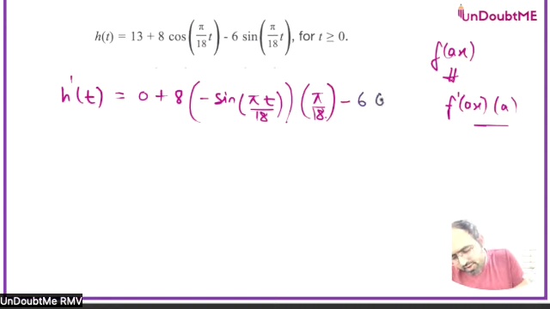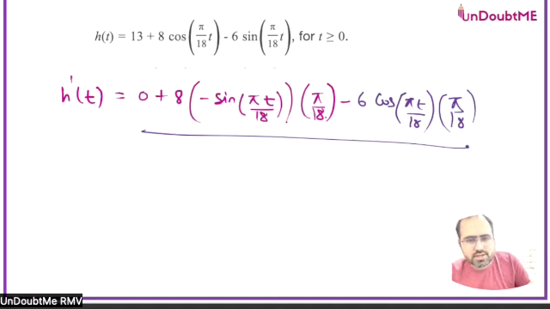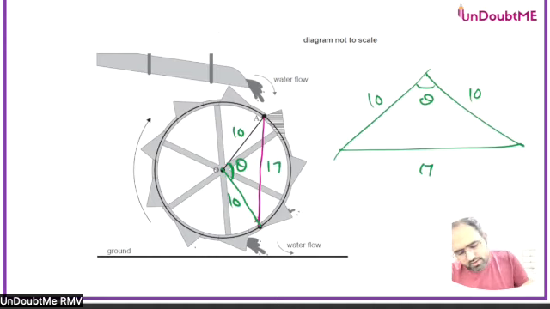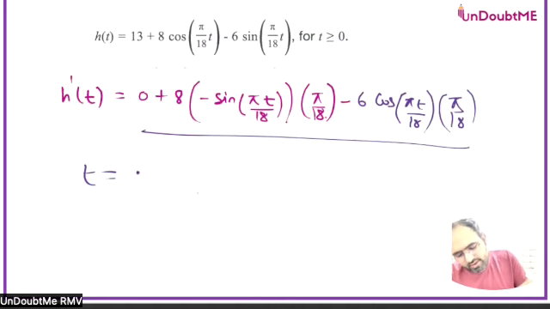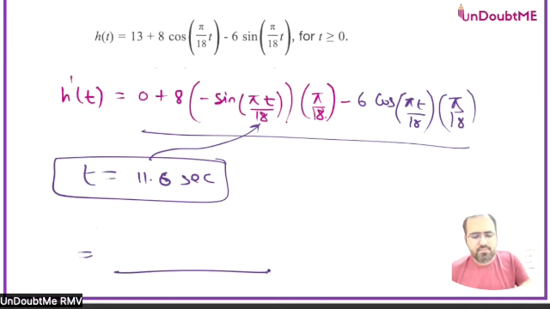Differentiation of sine will be cos pi t by 18, and pi t by 18, pi by 18. So that is the final differentiated function, where I have to put t is equal to 11.6. Putting t is equal to 11.6 will give me a certain answer, and that will be the final answer.